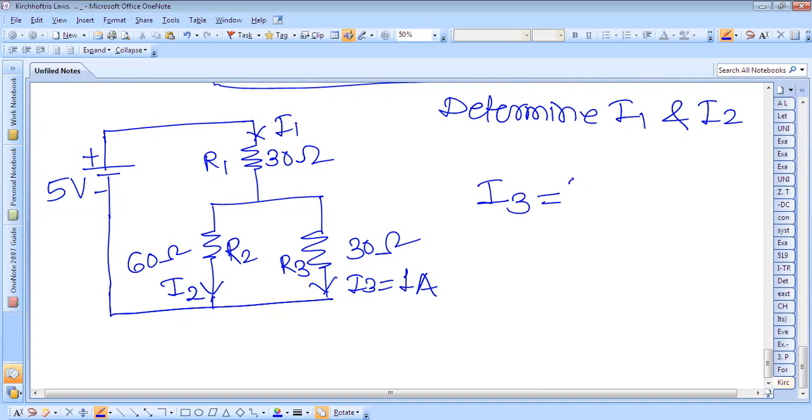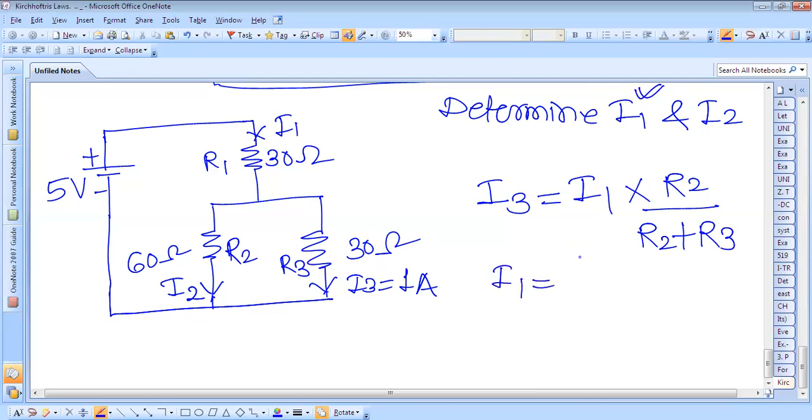Suppose the total current is I1, and we have to find the current flowing through I3. We take the resistance of the opposite branch, R2, divided by the addition of both resistances, R2 plus R3. But here we have to find I1, so we have to solve this equation for I1.